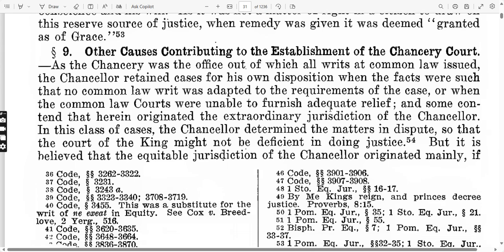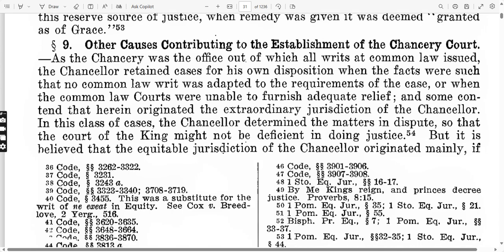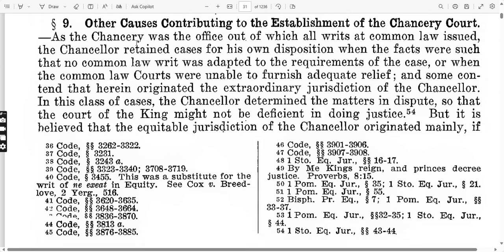9. Other causes contributing to the establishment of the Chancery Court. As the Chancery was the office out of which all writs at common law issued, the Chancellor retained cases for his own disposition when the facts were such that no common law writ was adapted to the requirements of the case, or when the common law courts were unable to furnish adequate relief.